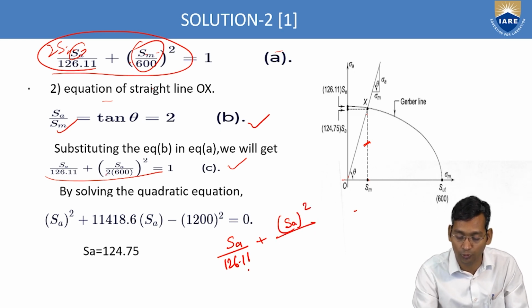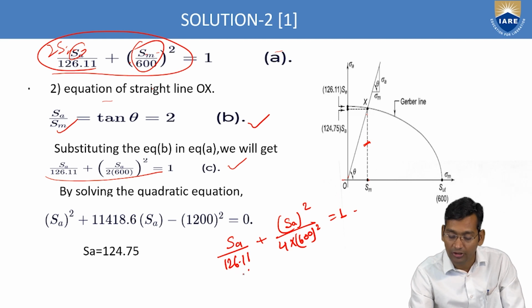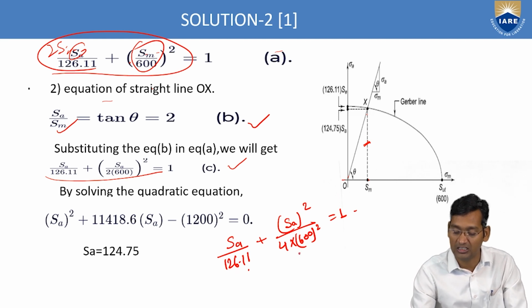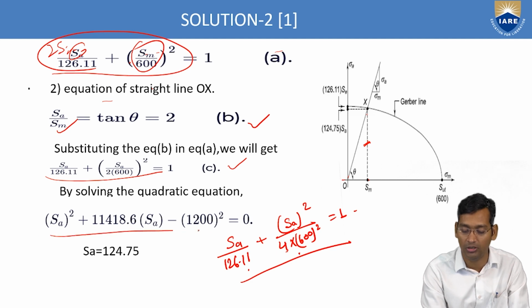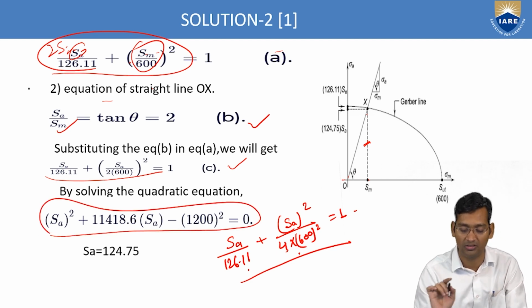I'm just writing this 4, 2 square is 4 into 600 square. That is equals to 1. Now take the LCM and then expand. So after taking LCM, multiply and just expand, that will be of the quadratic type. So once you have the quadratic equation, that quadratic equation will be this one. Just you have to expand and simplify this one.